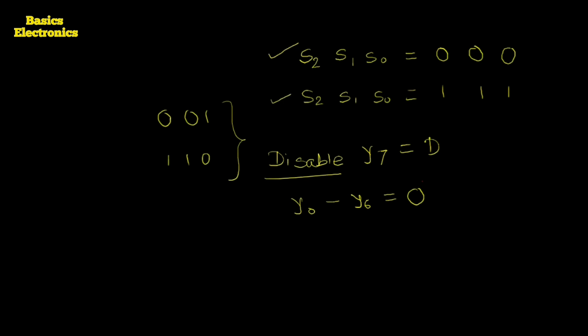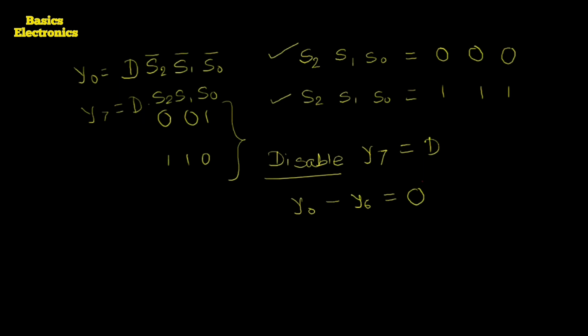Means for the first AND gate, the equation is y0 equals d s2 bar, s1 bar, and s0 bar. For y7, it is d dot s2, s1, and s0. Okay, so this is the construction and working of the 1-line to 8-line demultiplexer.